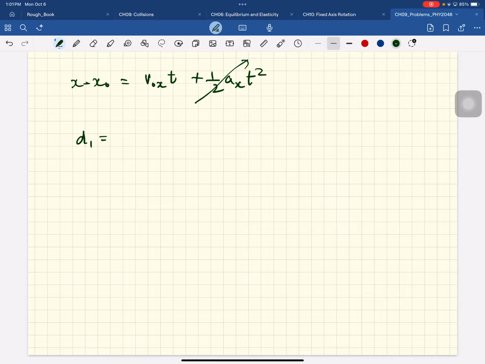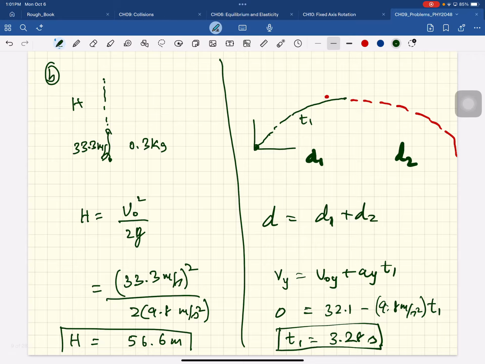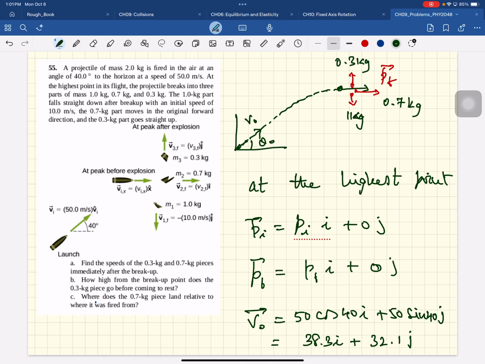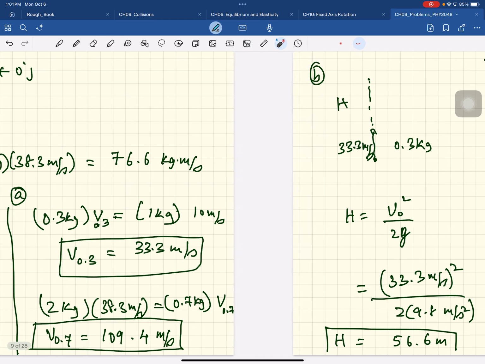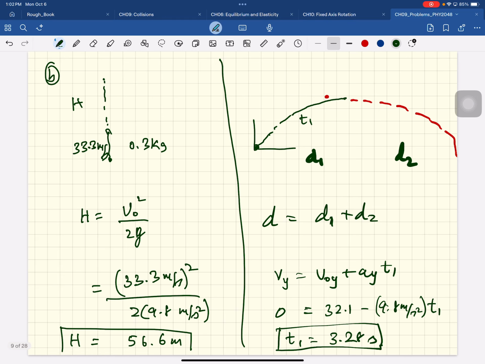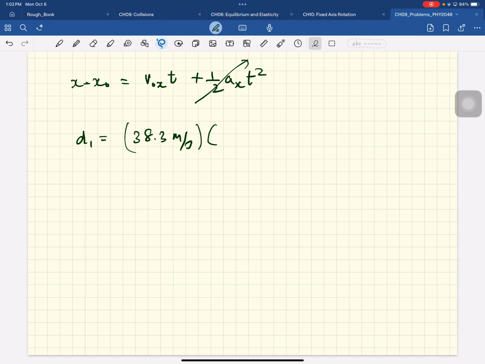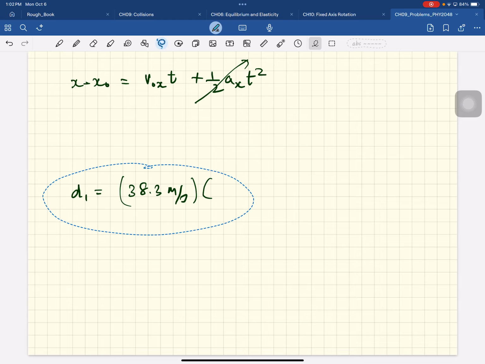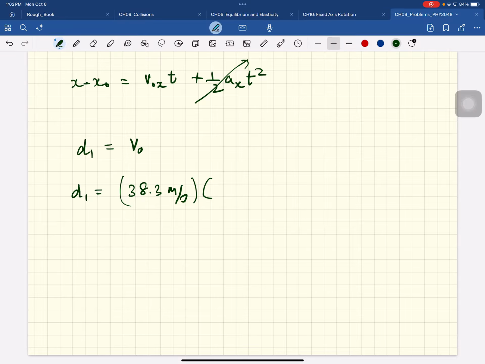So D1 is the x component of the velocity for the first portion of the flight, 38.3 meters per second, times T1, which was 3.28 seconds.